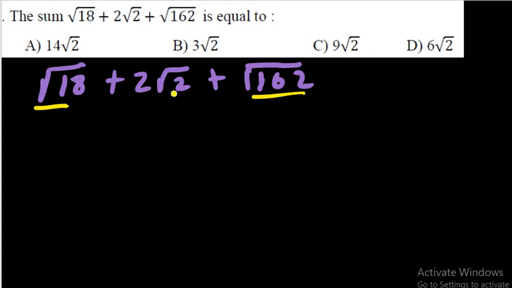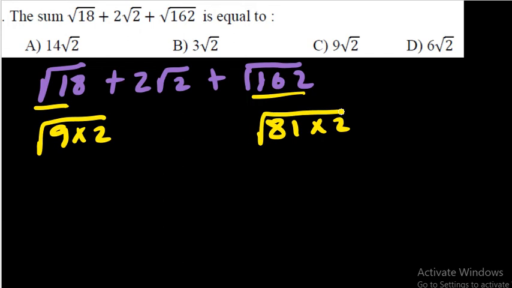We cannot simplify radical 2 from the square root. But 18, I can express as 9 times 2, and the last one I can express as 81 multiplied by 2. Then the square root of 9 can be taken out as 3 radical 2, and the square root of 81 can be extracted as 9, with radical 2 remaining in the radical.